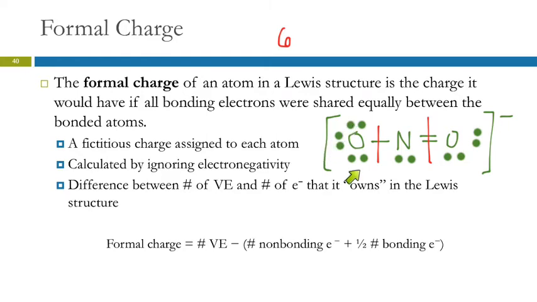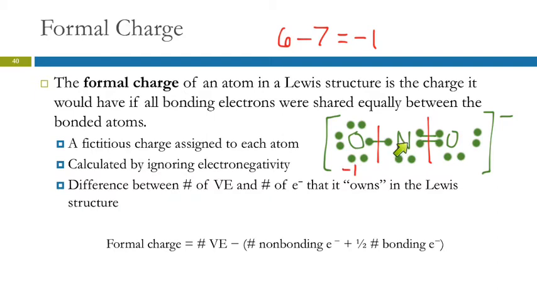So 2, 4, 6, and half of that bond. Right? Because the bonds have an electron at each end. So sometimes drawing those in can help. So that oxygen is leaving with 7. What's 6 minus 7? -1. That is the formal charge on the oxygen.